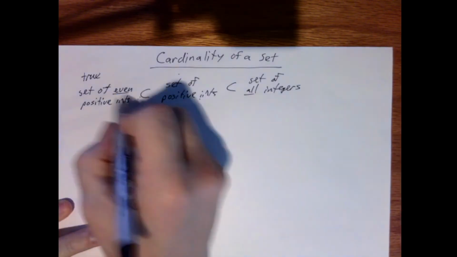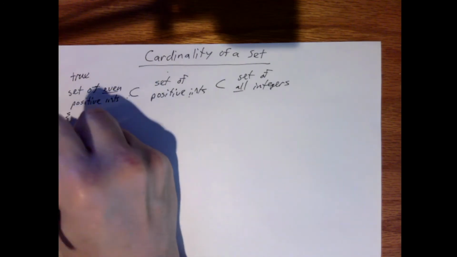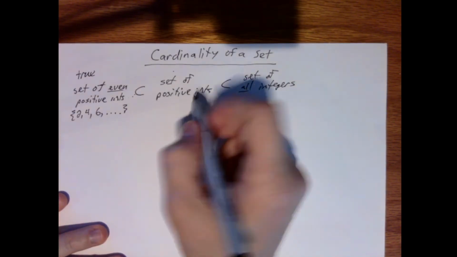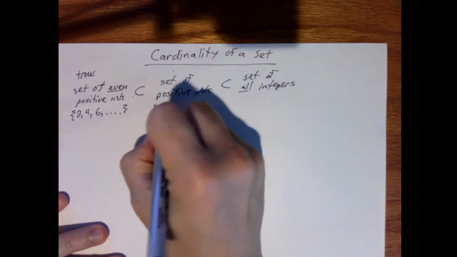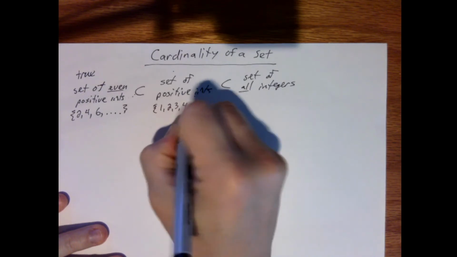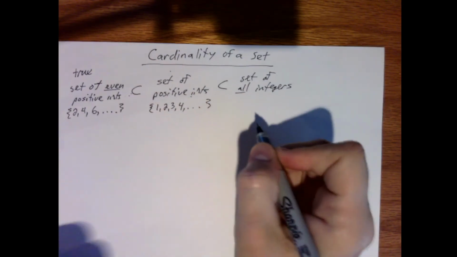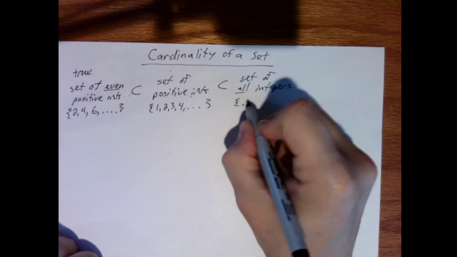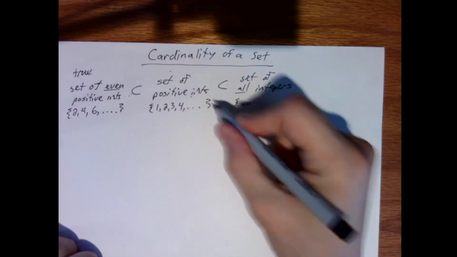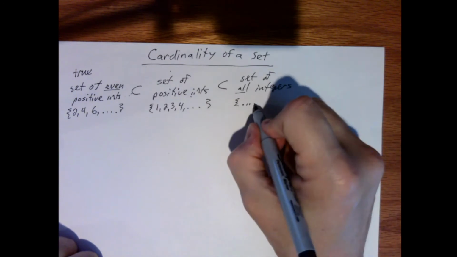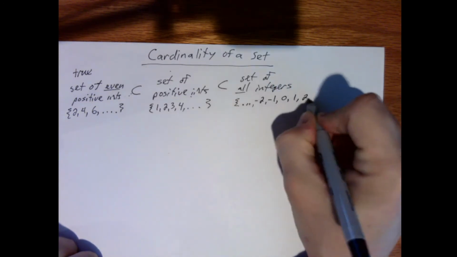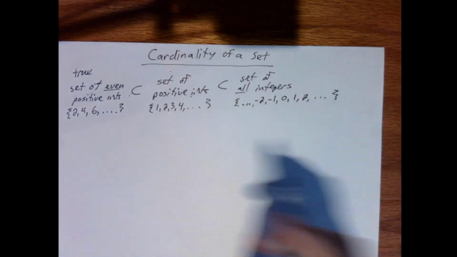So what we're talking about here, the set of even positive integers, that's 2, 4, 6, ... The set of positive integers, that's 1, 2, 3, 4, ... And the set of all integers would be ... because we have negative numbers going in the negative infinity direction: -2, -1, 0, 1, 2, ... This is true.